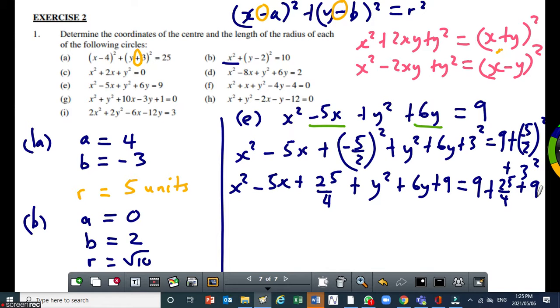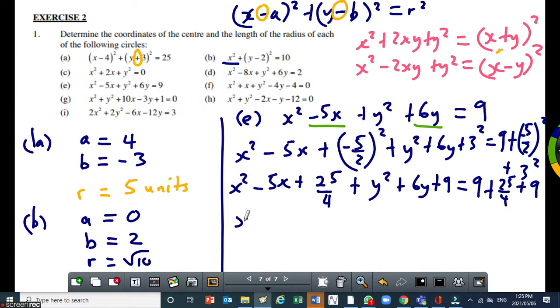Now, to factorize the trinomials on the left is very easy, right? Since the coefficient of x² here is 1, you just have to take half of the coefficient of x, which is -5/2, and it is going to be in the binomial.